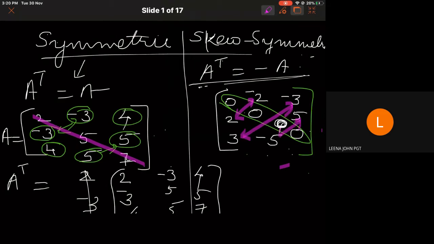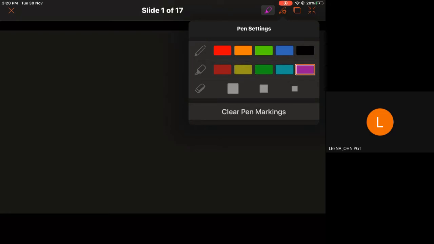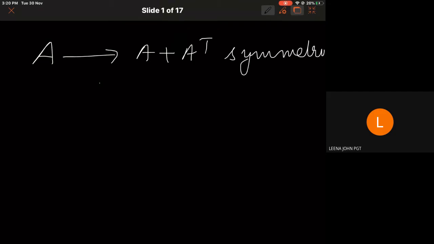Here minus 5, 5. Now, if you are given any matrix A, then A plus A transpose is always symmetric, and A minus A transpose is always skew symmetric.